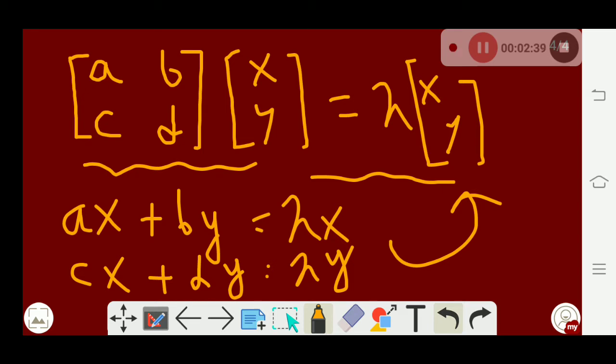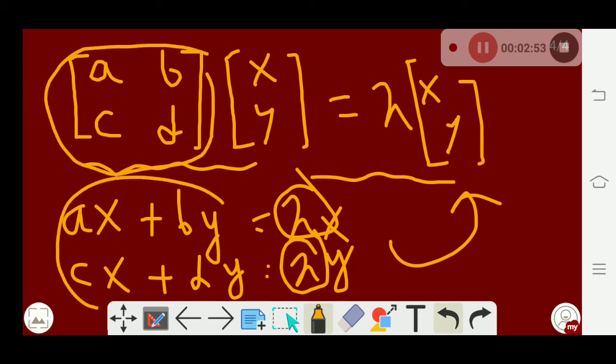Now what is this eigenvalue? This lambda is known as the eigenvalue. Let's go to the next page and learn this. You have seen that I have written this thing as this.